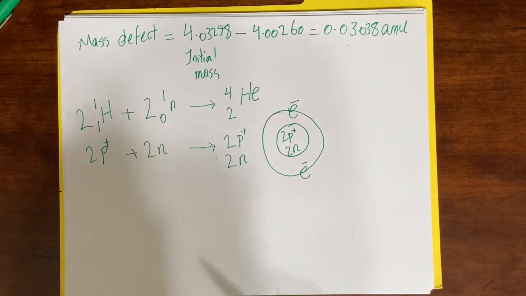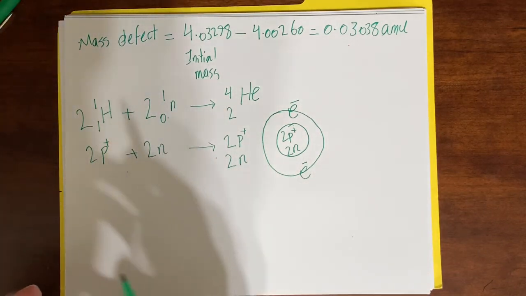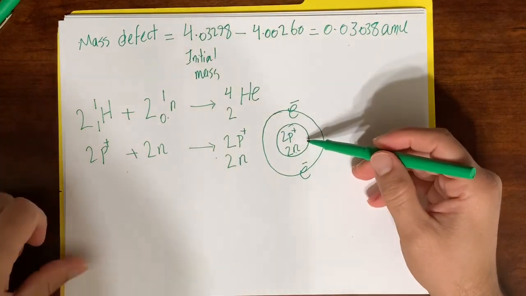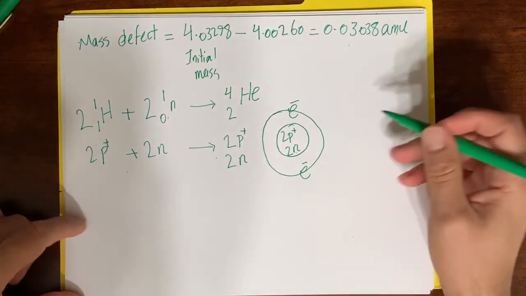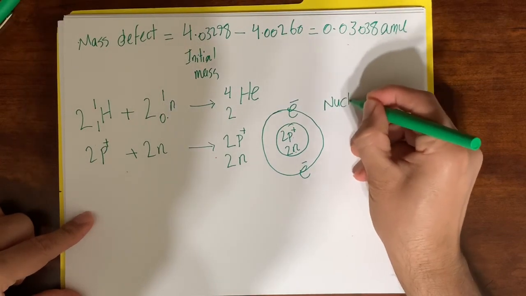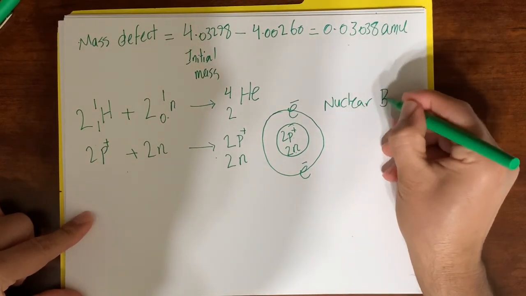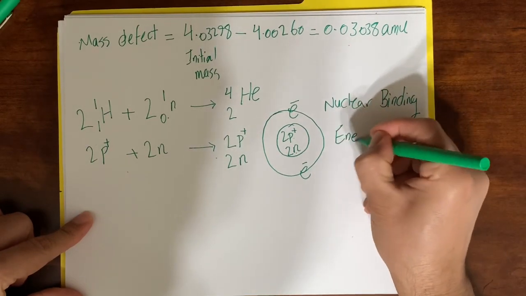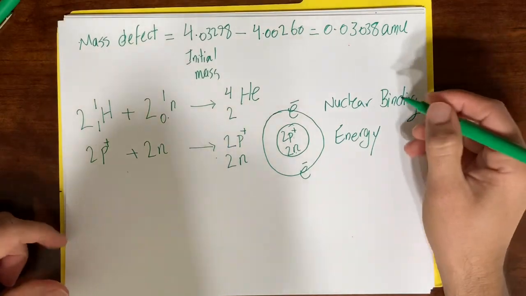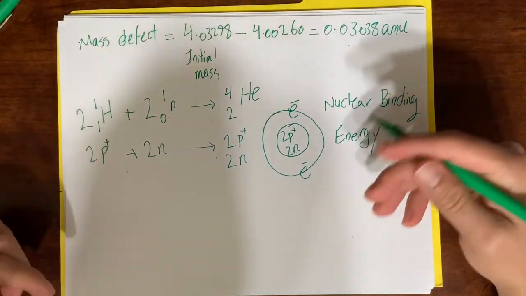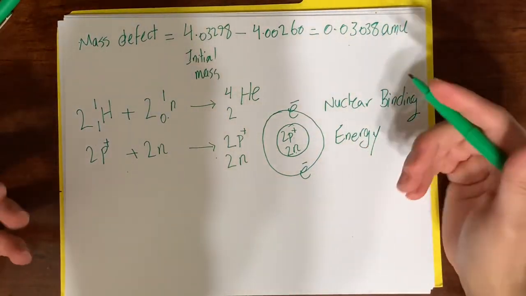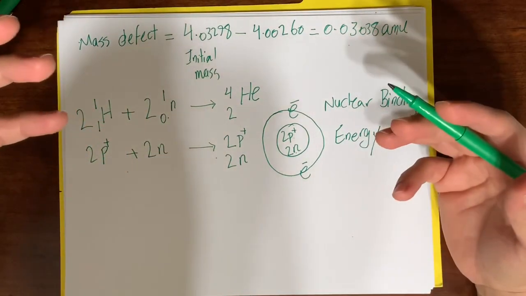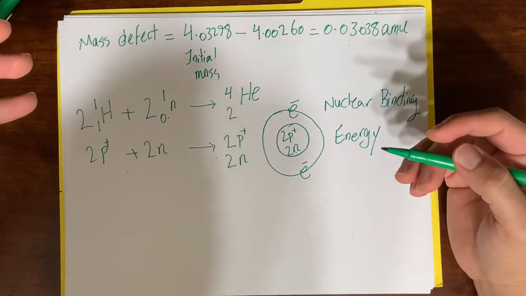So there must be a glue or binding force to keep the 2 protons and 2 neutrons inside the nucleus. And that one we call nuclear binding energy. You're going to spend some mass, you will turn it to energy, and you will use that energy to bind the species.